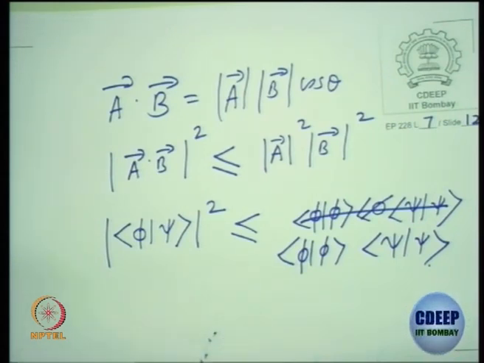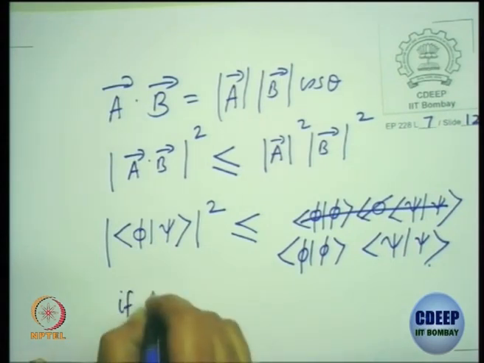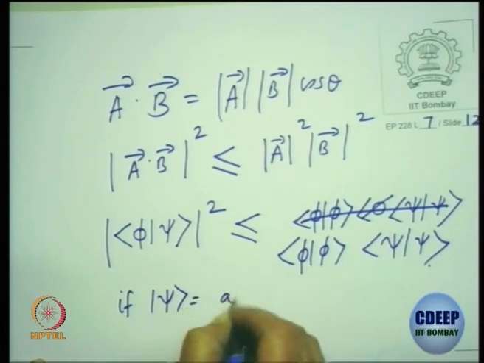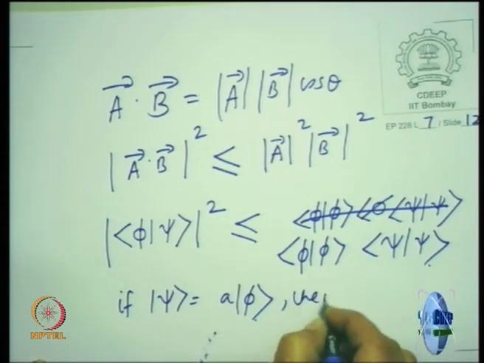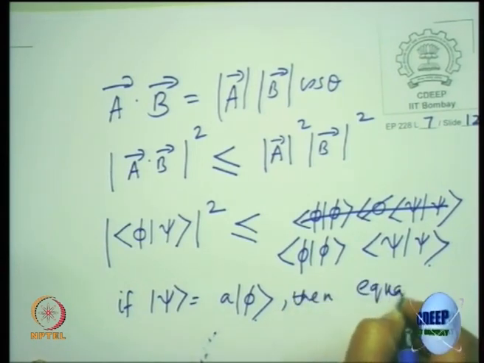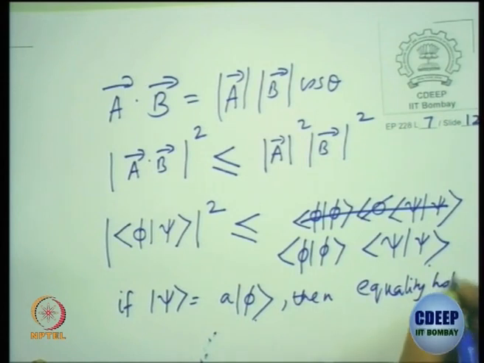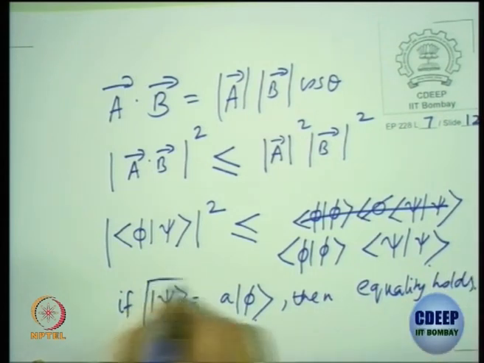When will it become equal? If psi is some constant times phi, then equality holds, right. What is this condition?